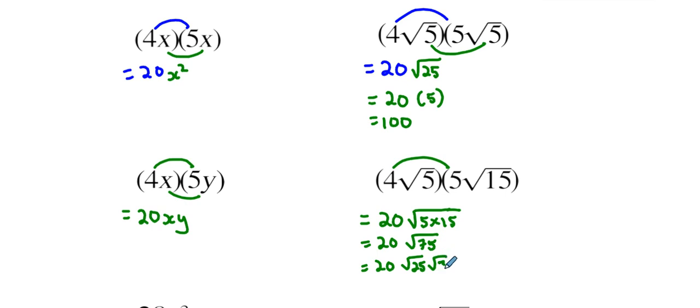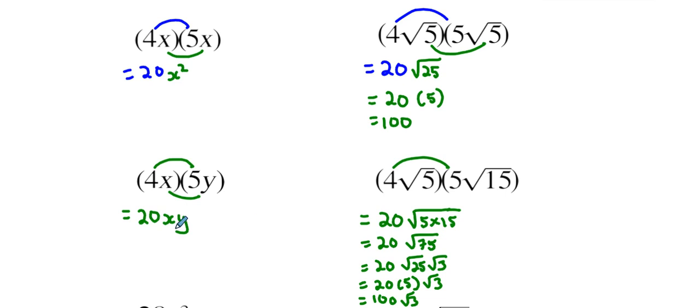So root 25 times root 3, because 3 times 25 is 75. And root 25 we know is 5. So this would be 20 times 5 times root 3, which would equal 100 root 3.